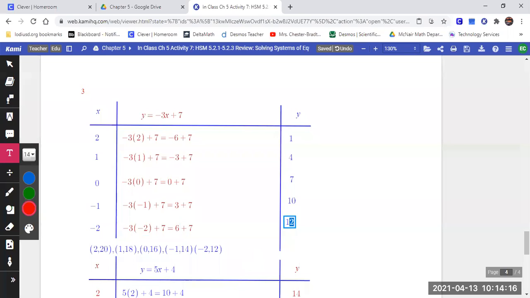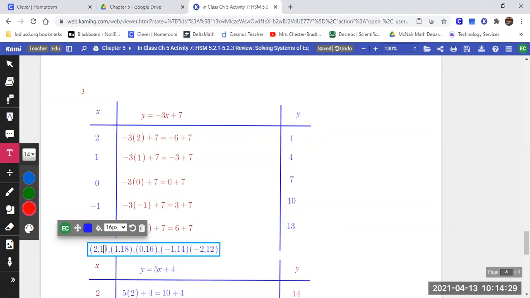What is 6 plus 7? 13. Okay, so that one's done. We just have to adjust our list, right? When it was 2, it was 1. When it was 1, it was 4. When it was 0, 7.